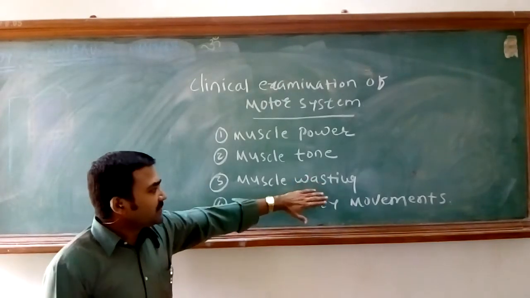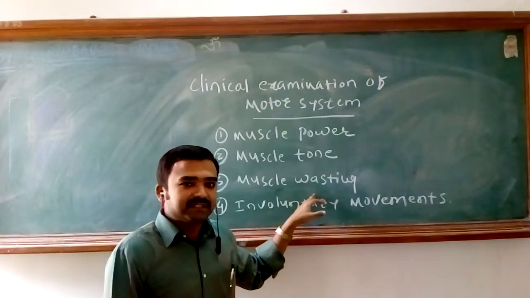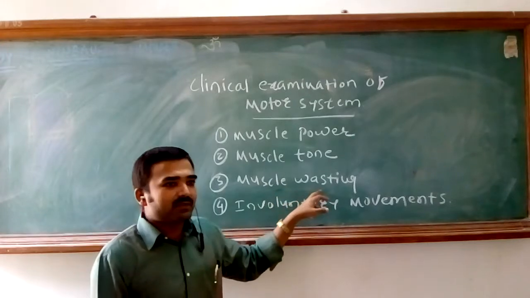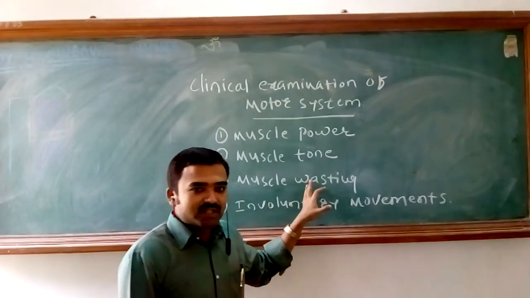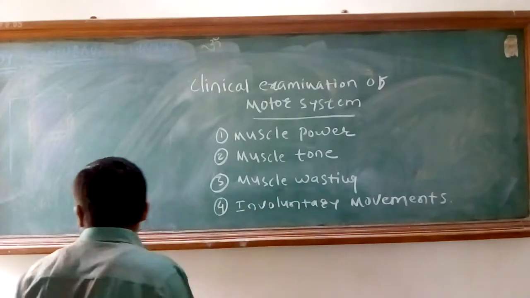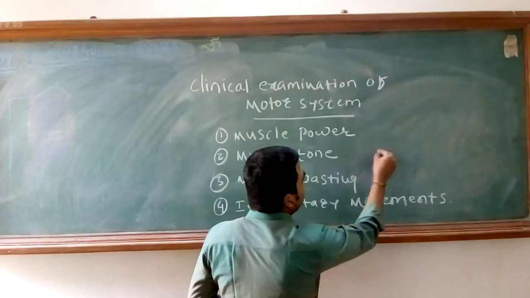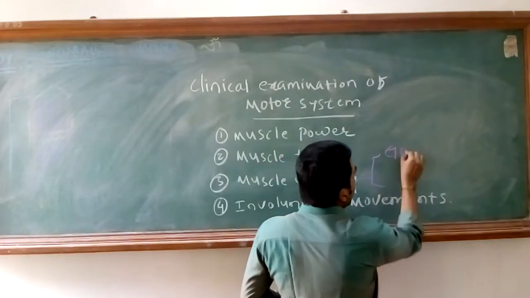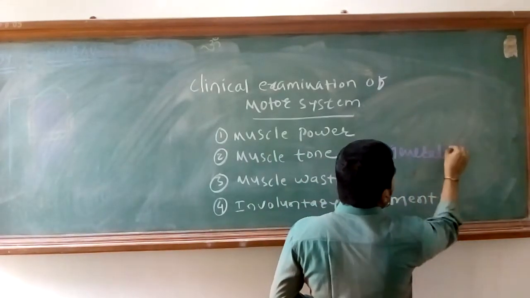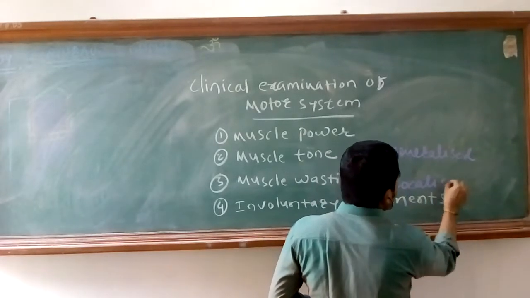In that situation, you have to see whether this wasting or atrophy is generalized or localized. So muscular wasting should be differentiated into generalized muscular wasting and localized muscular wasting.